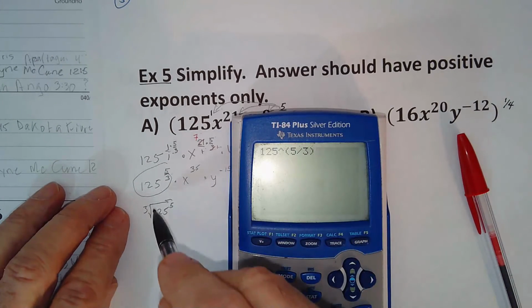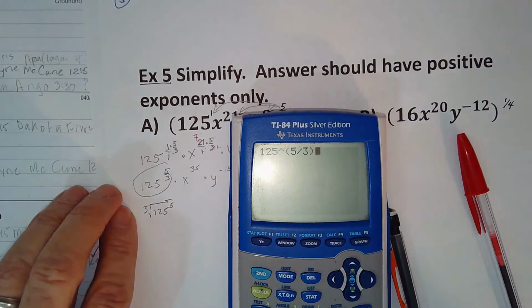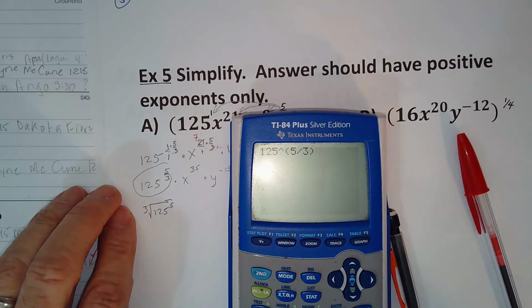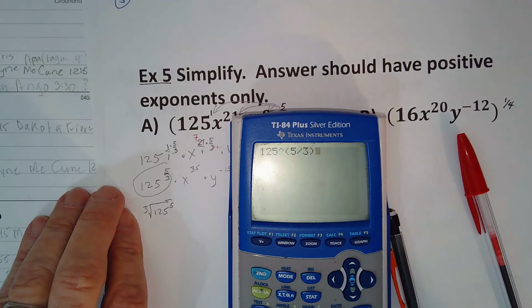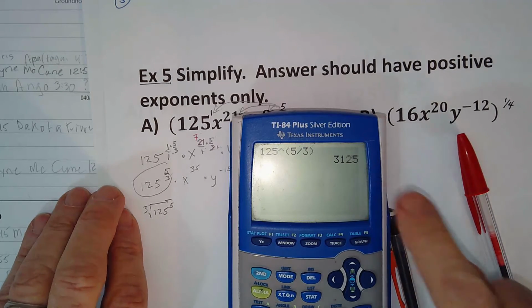And I'm going to see if it turns out to be something that comes out as a perfect root. Now, it's not going to be a square because this is the 5th root, but I want to have a perfect root is what I'm trying to say. So let's find out. Let's hit enter. And I got 3125.